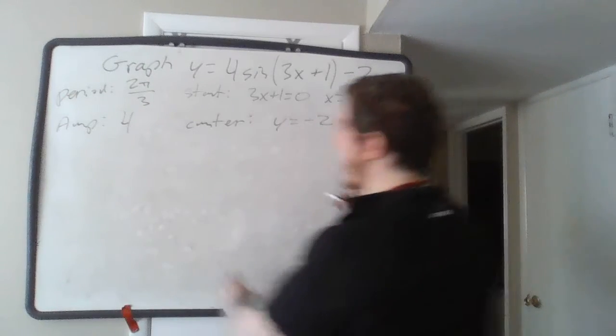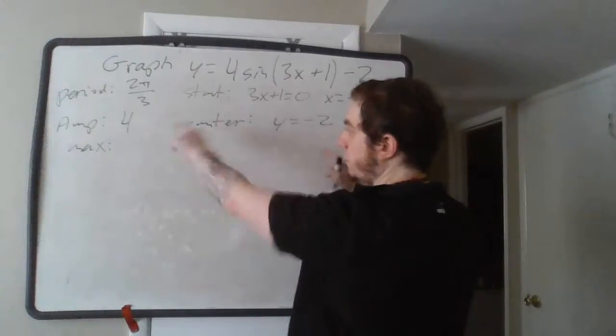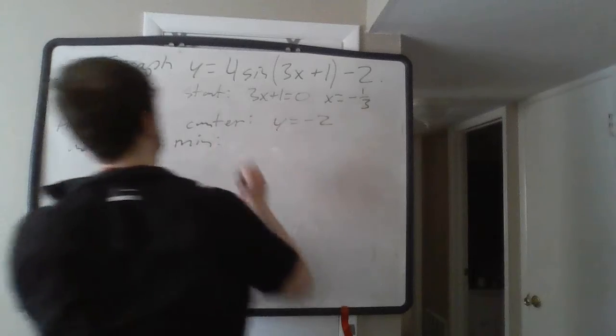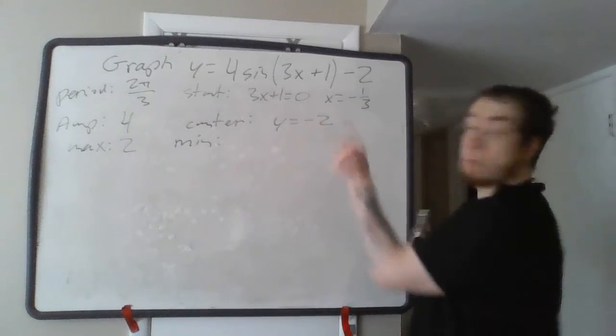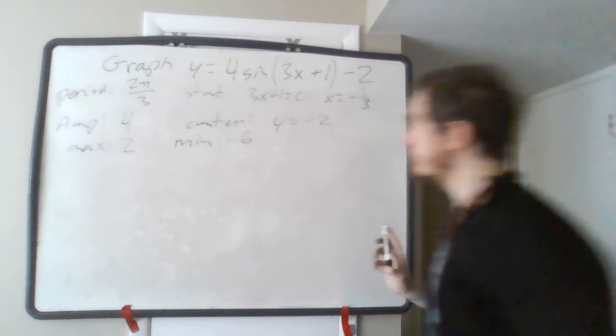So that means that the maximum is going to be at -2 plus 4, which is +2. And the minimum is going to be at -2 minus 4. That's going to be at -6. Okay.